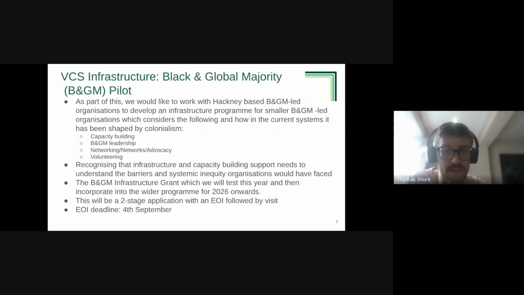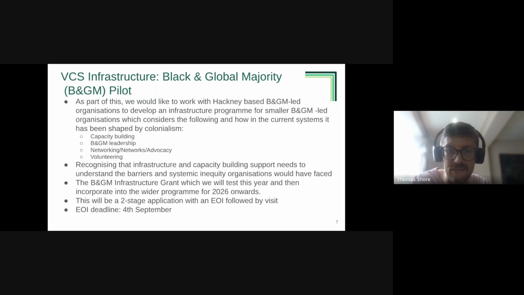We've also got the VCS Infrastructure Black and Global Majority pilot. As part of this, we'd like to work with Hackney-based Black and Global Majority-led organisations to develop an infrastructure programme for smaller organisations which considers the following, and how in the current system it has been shaped by colonialism: capacity building, Black and Global Majority leadership, networking, networks and advocacy, and volunteering.